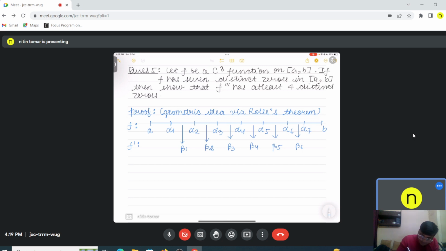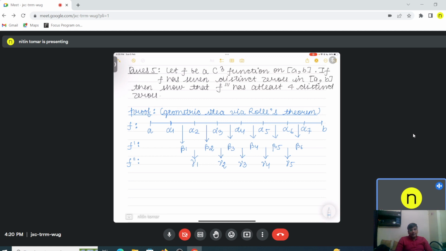So these are the zeros. Now again, if you apply Rolle's theorem on f prime, you will have that between beta 1 and beta 2 another zero, at least 1 zero of f double dash, then another zero gamma 2 between beta 2 and beta 3, then gamma 3, and similarly gamma 4, and then gamma 5.